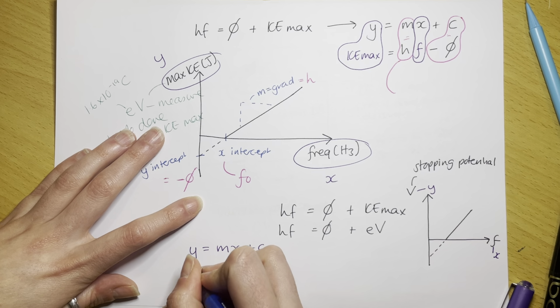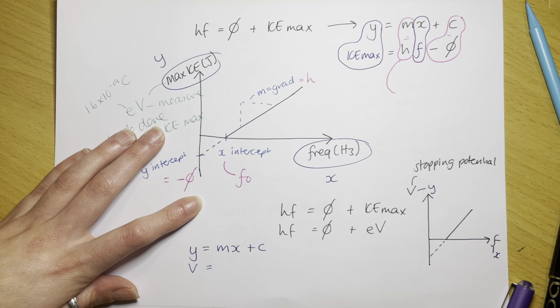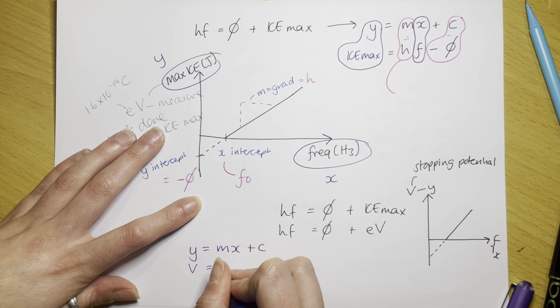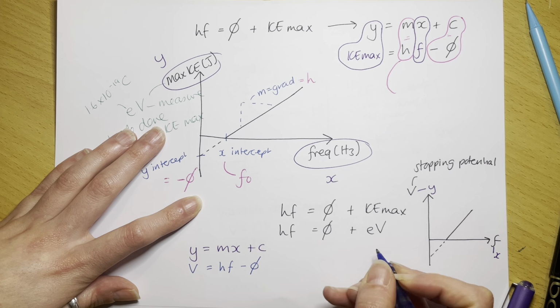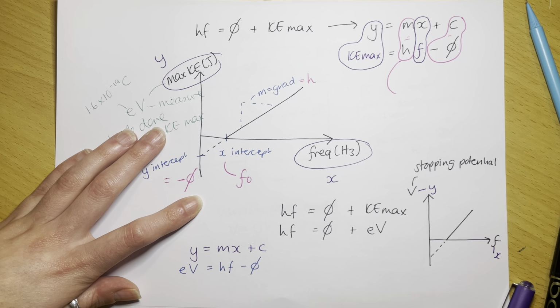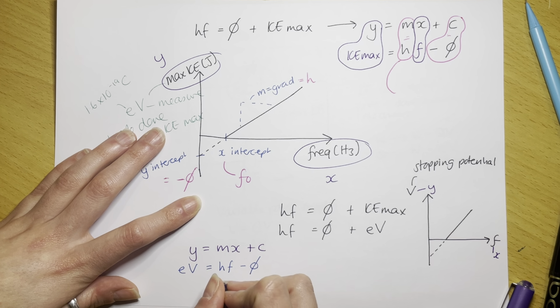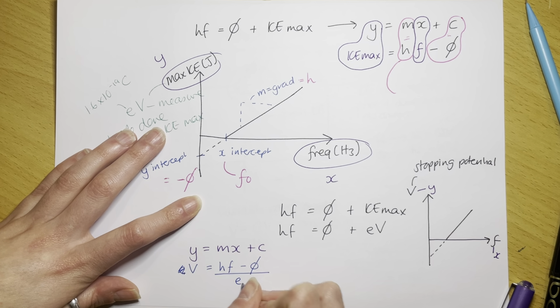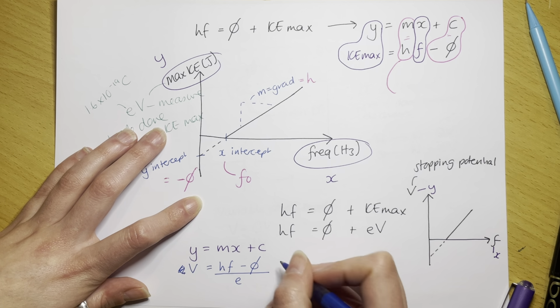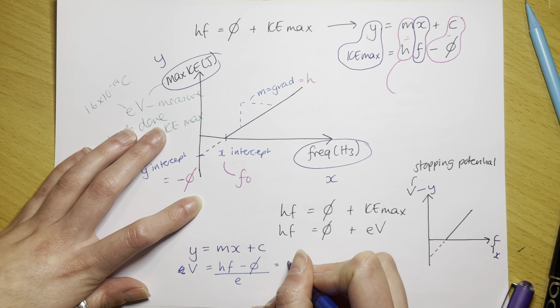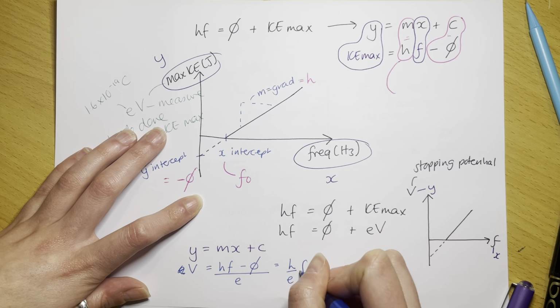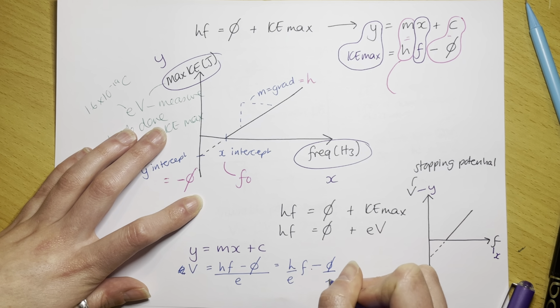So V on its own equals mx plus c. So I need to move phi over. So I'm still going to have hf minus phi, but because I should have EV equals hf minus phi, to get rid of that, I have E underneath them both. And in this circumstance, I'm going to write that h over E times f minus phi over E.